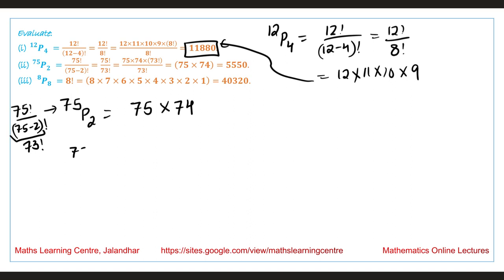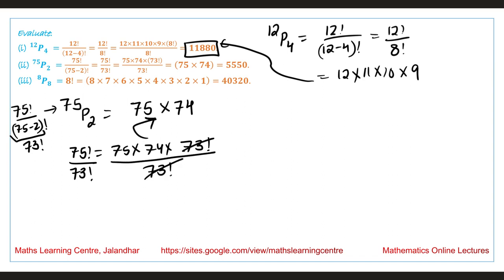Now we can write 75 factorial is equal to 75 into 74 into 73 factorial. If we divide both sides by 73 factorial, the answer we have is 75 into 74, which is equal to 5550. So this is our final answer.